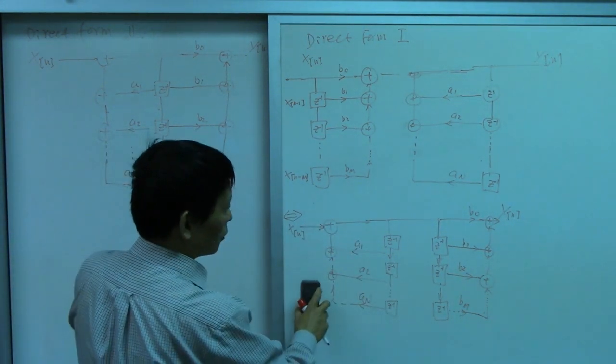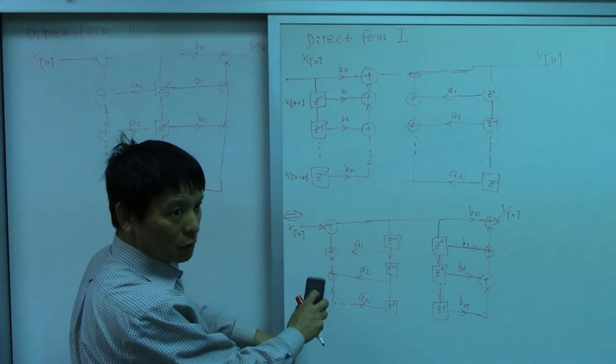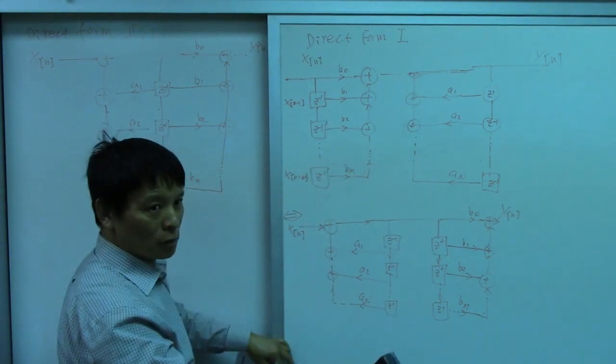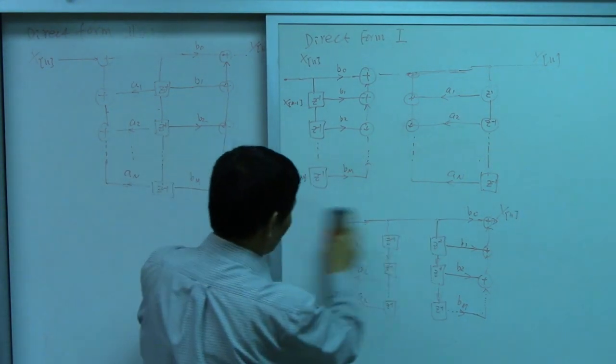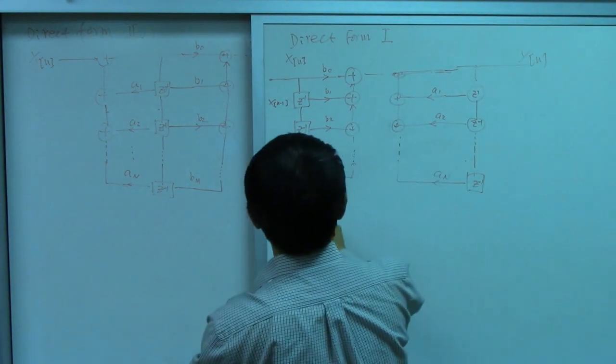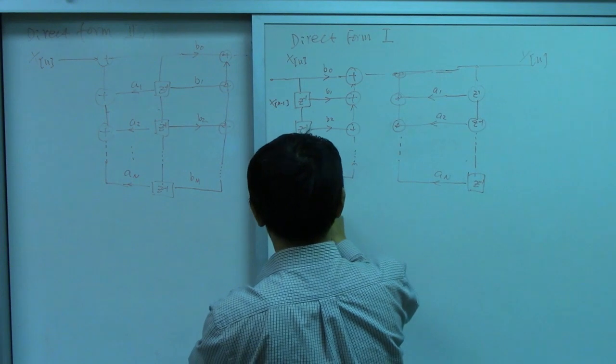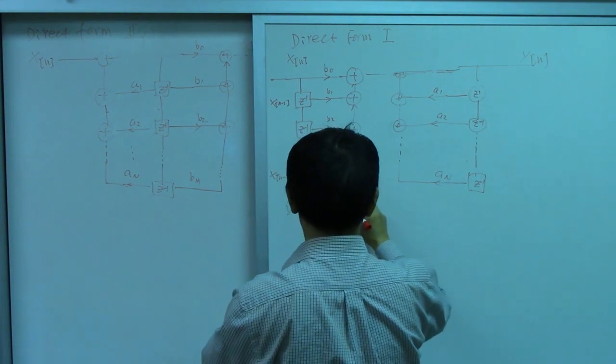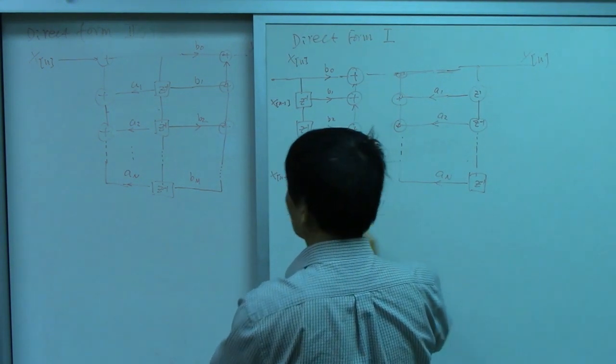Okay, we can erase this, right? I want to put these two forms, one more. Right? So here, this one is gone. Let me draw this. Direct form 2. Let me read.